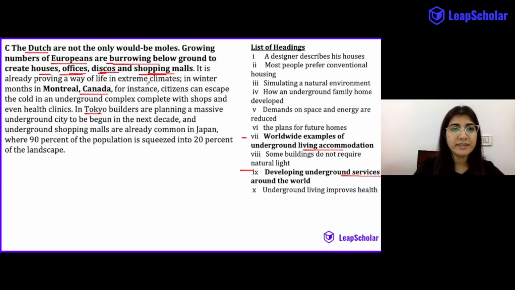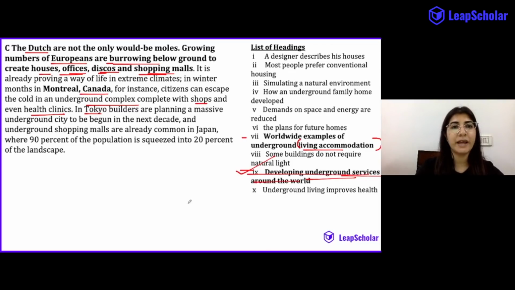In Canada, citizens escape the cold in an underground complex complete with shops and health clinics. So this passage is talking about worldwide developments and not just for living accommodations. So this is definitely not the answer, but also for all types of underground services, which clearly tells us that the ninth heading is our answer. And now that I found it, I will again strike it through.